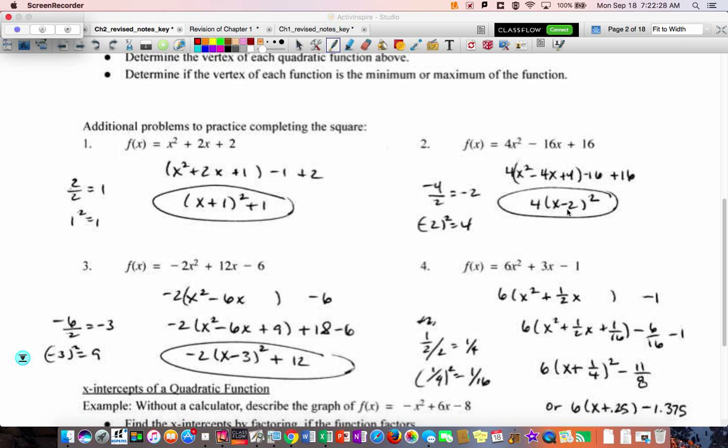So if you complete the square technique, that's what you should get. Over here, if you're writing it as a fraction or a decimal, I guess it doesn't really matter. But if you have any questions on those, please see me or your teacher.